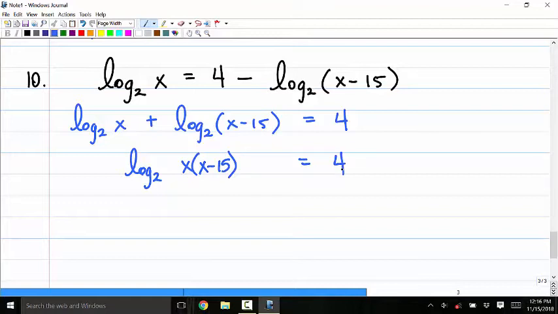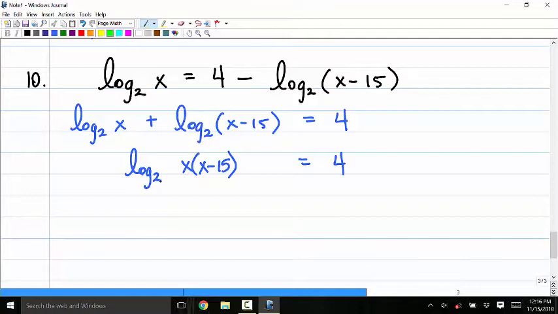Now what? Is it isolated? It's isolated. Log base 2 of, that's by itself. Now I need to convert to what? Go to exponential. How?